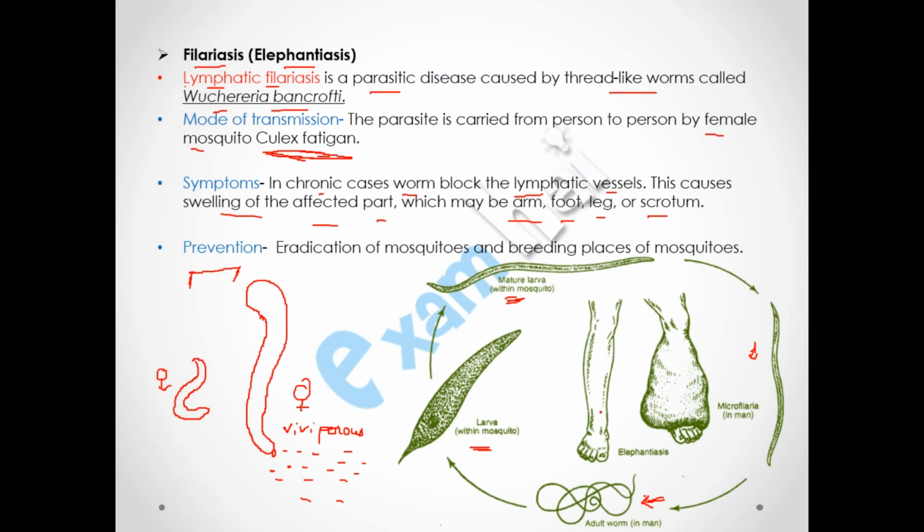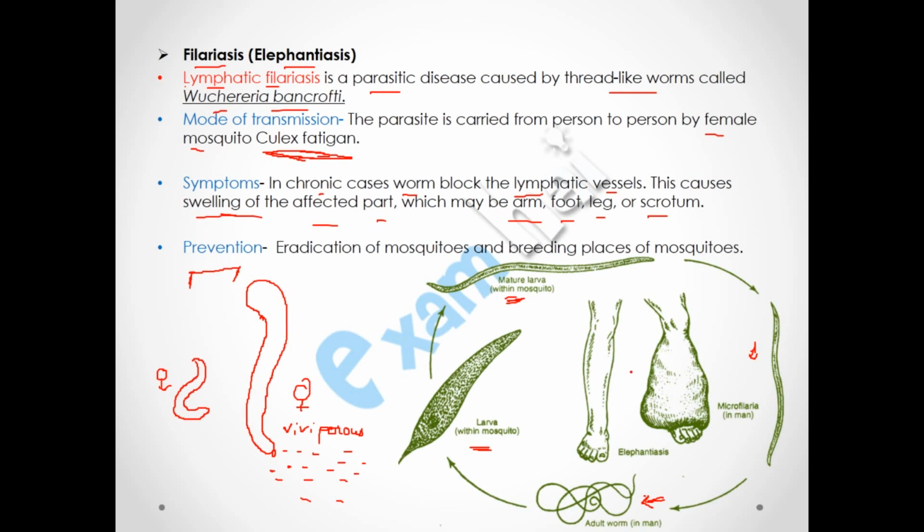As we have discussed in the symptoms, in chronic cases there is swelling in the affected part. So in any part like arm, foot, leg, or scrotum, if that part is affected by this worm, that part gets blocked and due to which swelling occurs.